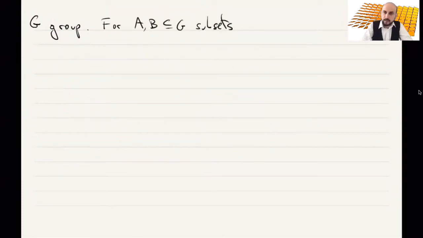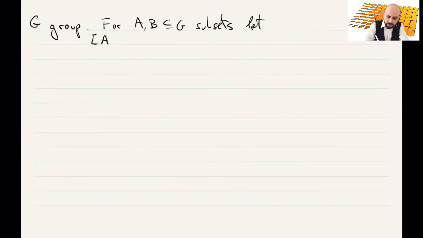So G is a group. Then let's say that you have two subsets of the group, A and B. And then you define the group generated by the commutators.